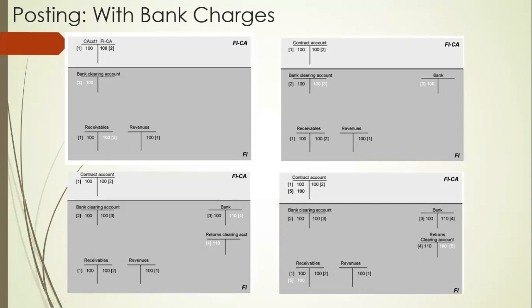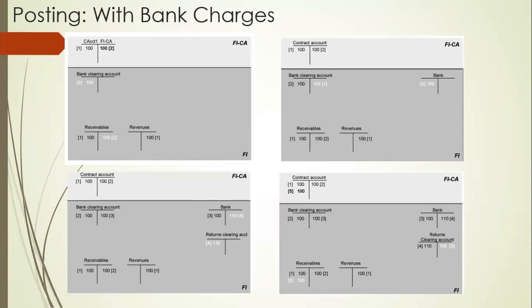Now that's a very simple one. Let's consider the next, more complex one, where the contract account 100 is there, the banking clears, and they are expecting 100 against the amount, but it is not cleared. So they put it back to the bank at the end because they are not able to get it. The general ledger is again reopened with 100. So where will this 10 go? The 10 will go to an extra ledger, which would be the charge ledger. If it is within that ledger, it is okay.